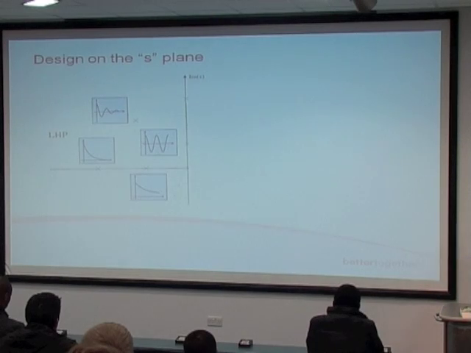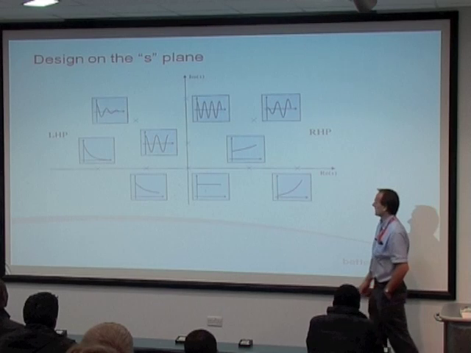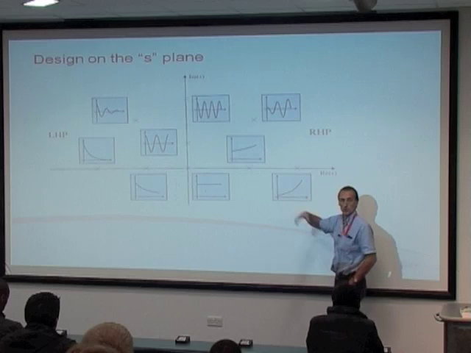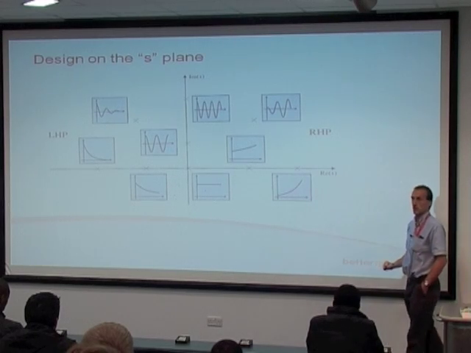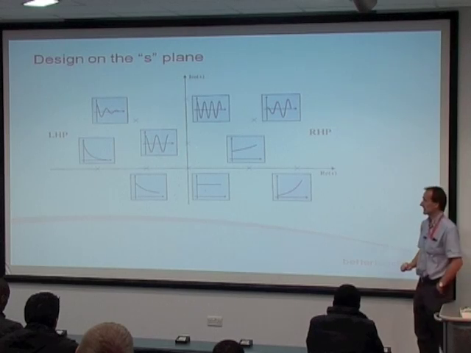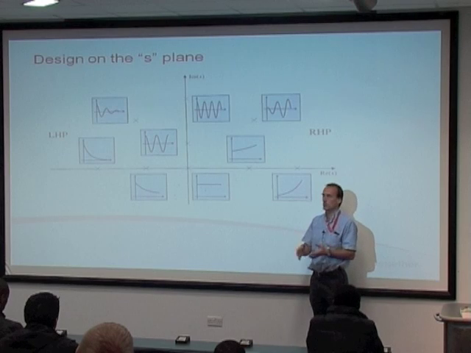There's the right-hand half. Putting it crudely, if your system has got a pole in the right-hand half, your system's going to be unstable. If your poles come out negative, everything's nice, it's stable.